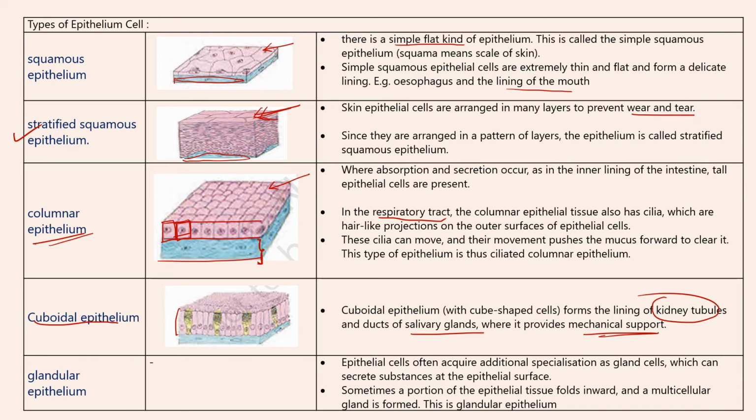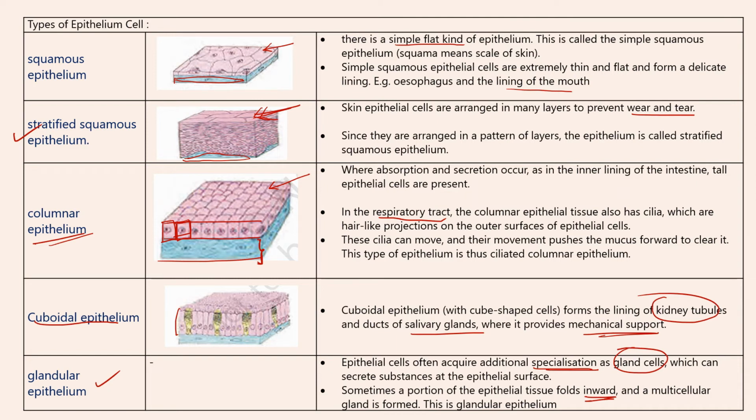Now the last one is glandular epithelium. Epithelial cells often acquire additional specialization as gland cells. Gland cells secrete substances, and the epithelial cell will have a definite shape for them. And how does glandular epithelium form?